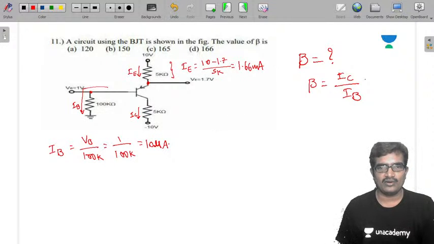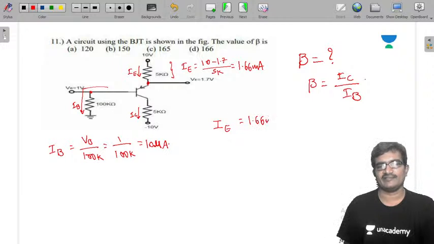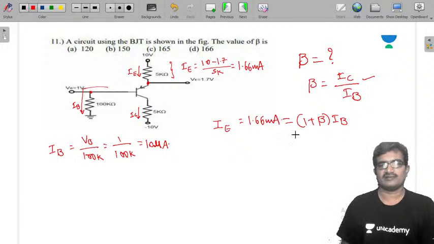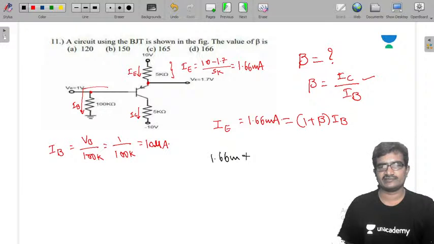Now we know IE, 1.66 milli. I know the IE value, and IE is nothing but, we know, 1 plus beta times IB. Just use this. So 1.66 milli equals 1 plus beta times IB, which is 10 micro.